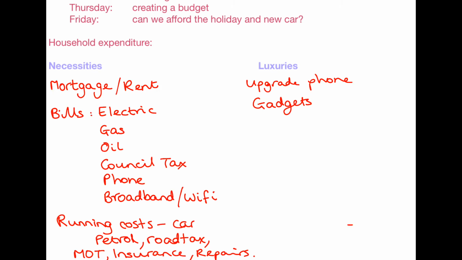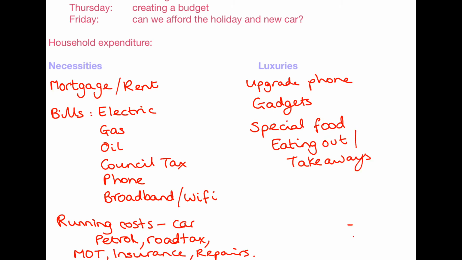Those things would have to count as luxuries, I think. Special food has to be a luxury. A luxury that we can't do at the moment is eating out, and what we can do at the moment, sort of, is takeaways. They're not necessary, they would have to come under luxuries. So the necessities are what you have to pay for, and luxuries are what you can have if you've got enough money left when you've paid for your necessities.